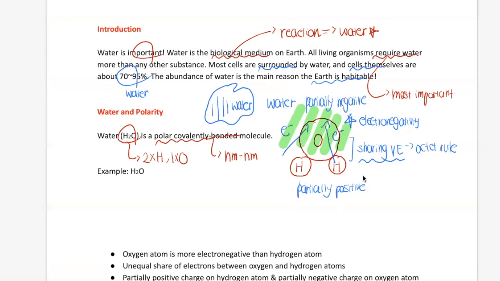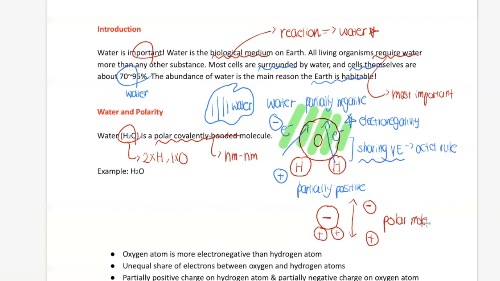So the oxygen end becomes the negative part of this molecule, and the hydrogen part becomes the positive end of this molecule. If you look at an H2O molecule, we have a negative end and a positive end. One end is negatively charged, and the other end is positively charged. We call this a polar molecule.